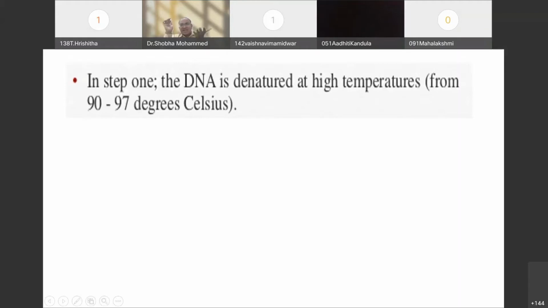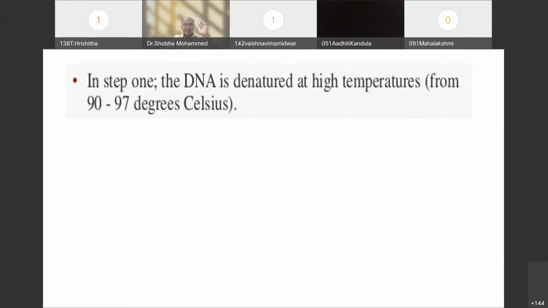I should raise the temperature. Which part of this PCR machine will help? The thermocycler. The thermocycler is going to increase the temperature to bring about denaturation of that particular DNA. This is the first and foremost important point in the steps of the polymerase chain reaction.